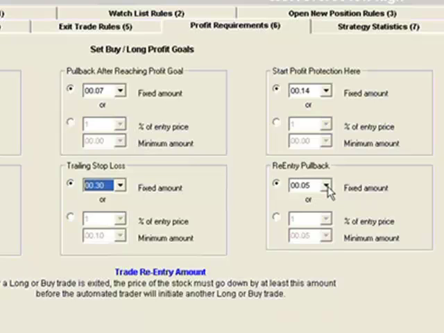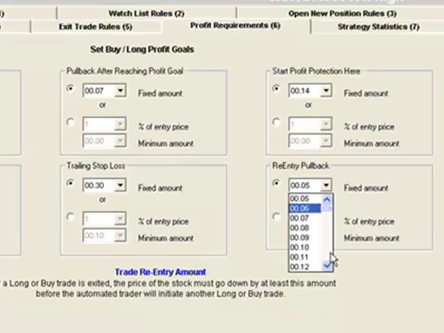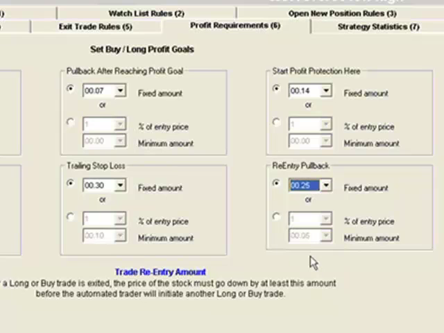Your open position rules may say buy that stock, even though the exit rules just said take me out of that position. That's why we have the re-entry pullback, so that we don't go right back into it. Let's put that at a quarter. When I close a position, I don't want to consider going back into it until it moves by at least a quarter after I close the position.